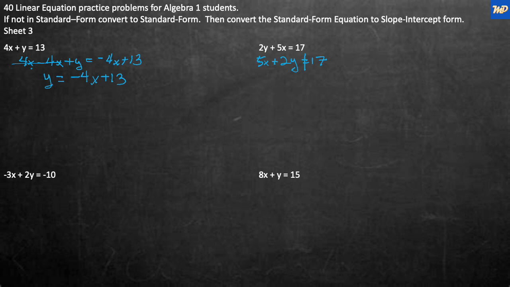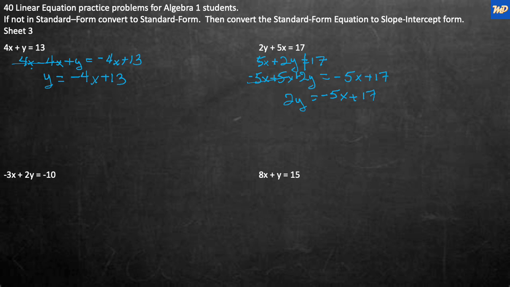So we're going to add a negative 5x to our plus 5x and our plus 2y, and that's going to be equal to negative 5x, put the x first, and then the plus 17. Now we get rid of the 5x's on the left-hand side, and we end up with 2y equal to minus 5x plus 17.